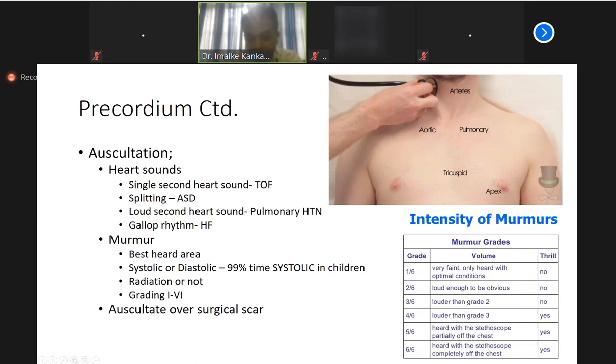Even if you do not know how to differentiate diastolic from systolic murmurs, in children, just say you heard a systolic murmur. If you're going to tell you heard a diastolic murmur, that means you have to think so many times.